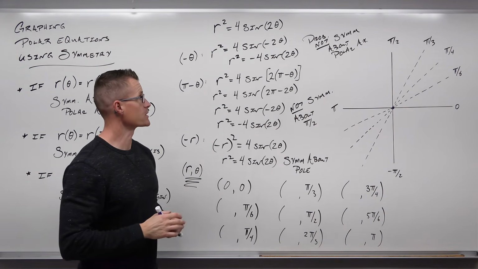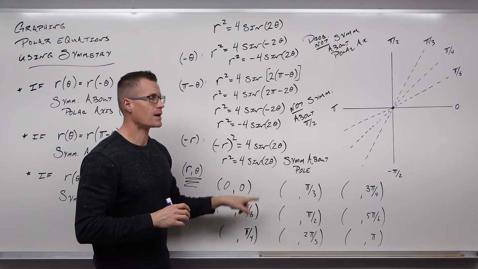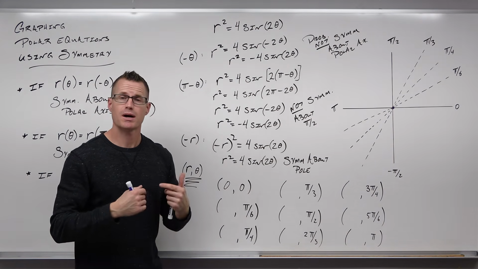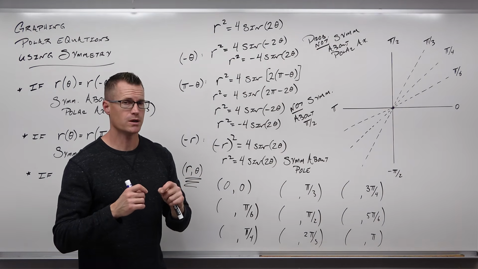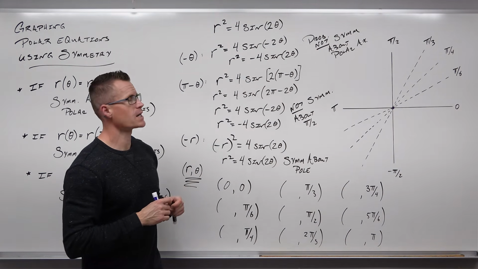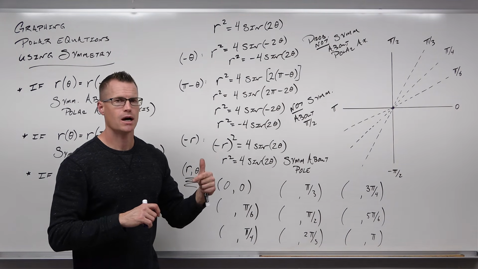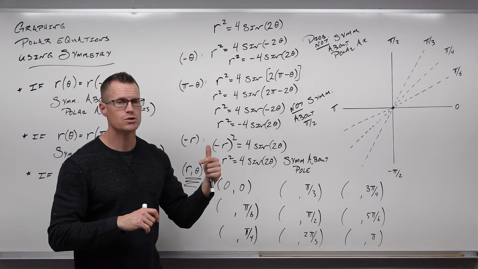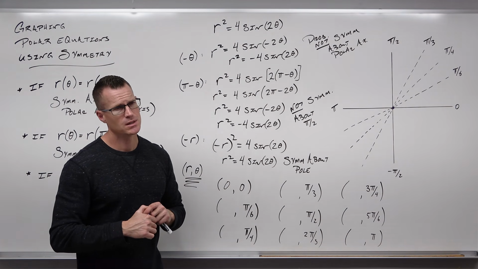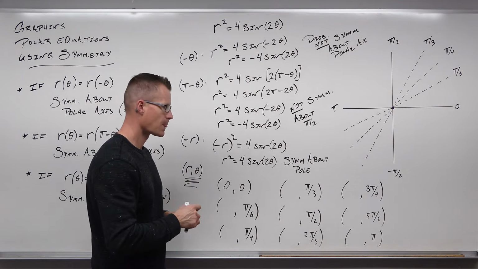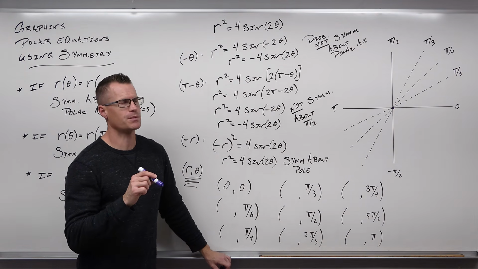Now let's plug in pi/6. 2 times pi/6 is pi/3. Sine of pi/3 is square root 3 over 2, and 4 times that is 2 square root 3. Let's see, that's 1.7 times 2, about 2.8. But notice something.